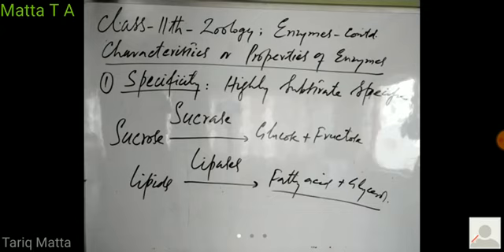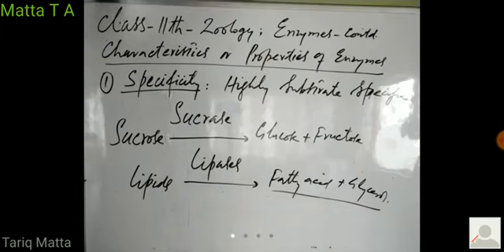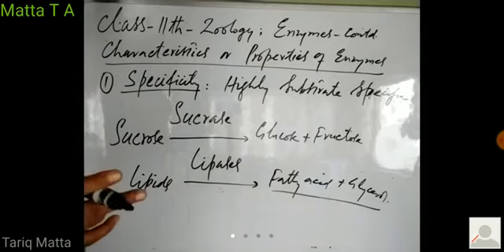First, a triglyceride will be changed into a diglyceride plus fatty acid. Then the diglyceride will be changed into a monoglyceride plus fatty acid. Then the monoglyceride will finally be converted into glycerol and fatty acids, right? So lipases are only meant for converting lipids into fatty acids and glycerol.